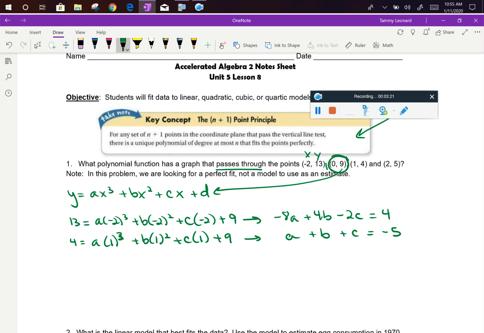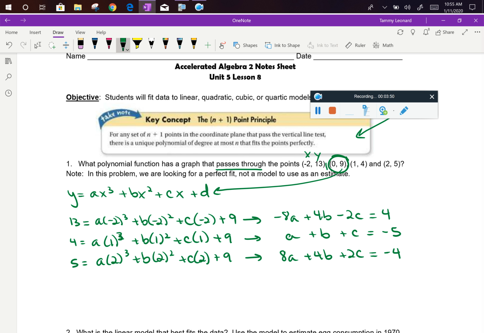And for our third equation, 5 equals a times 2 cubed plus b times 2 squared plus c times 2 plus 9. And simplifying, notice we're going to have the same coefficients as the first equation, just all positives. So 8a plus 4b plus 2c equals -4. So that's the system of equations that we're going to try to solve.